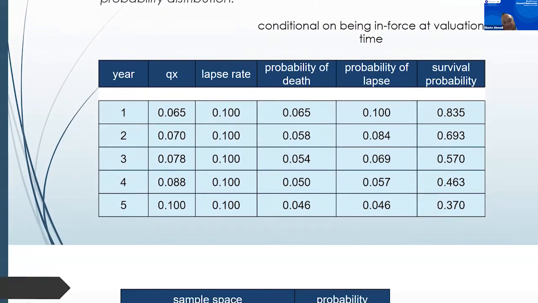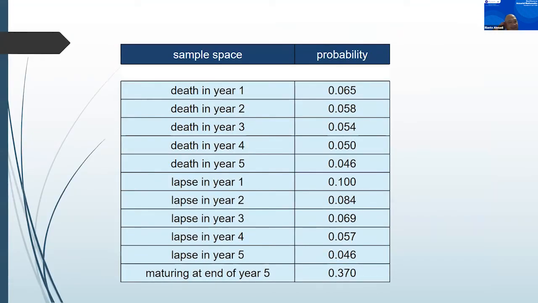This is again a summary of the multinomial sample space with the probability distributions: death first year, death second year, and so on, lapse first year, lapse second year, etc., and maturing at the end of year 5. And we have the probabilities for each one of those. How about the second random variable or stochastic process? Well, we have it already previously. Let's get to the next slide.